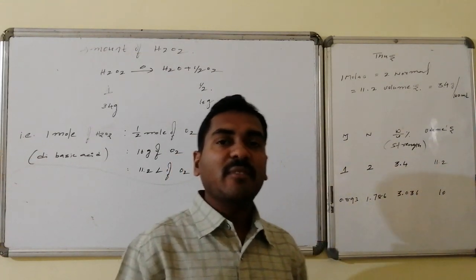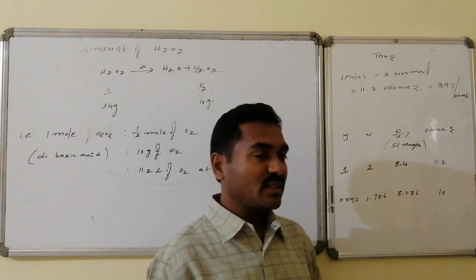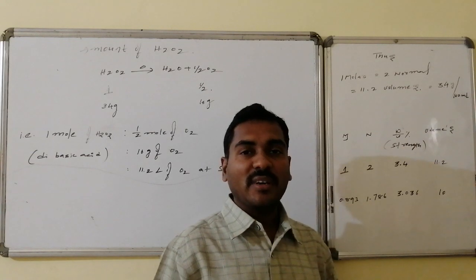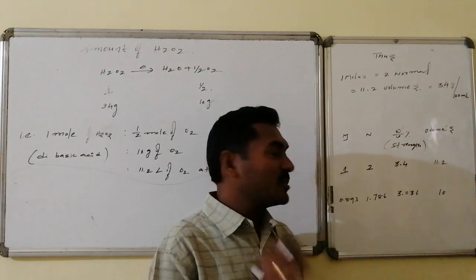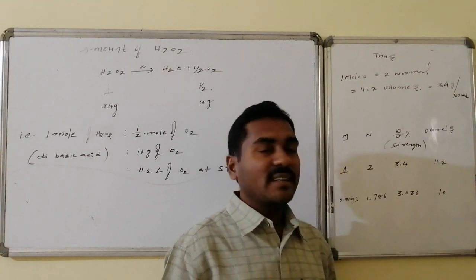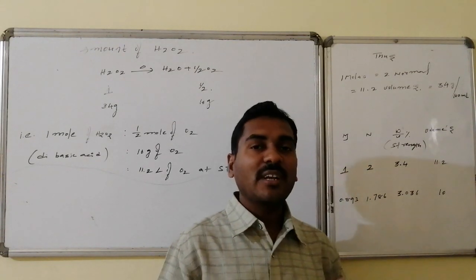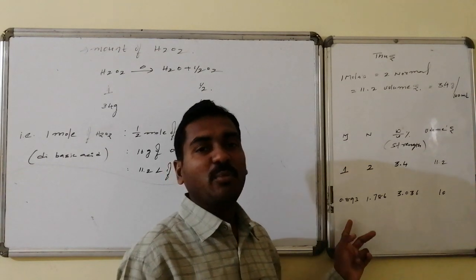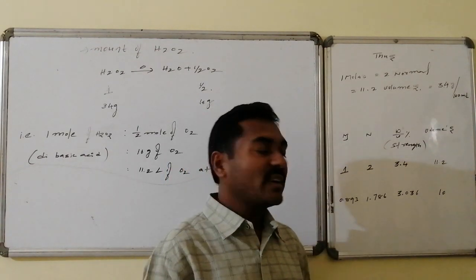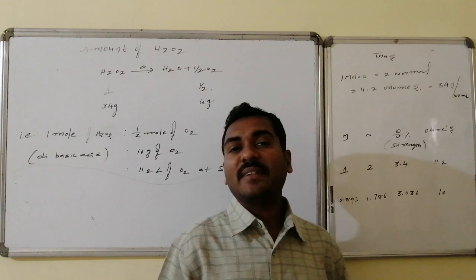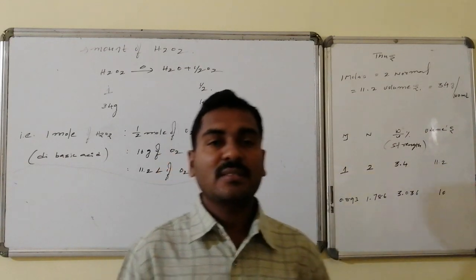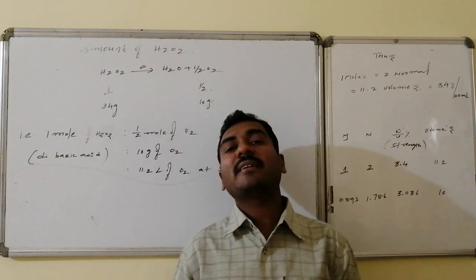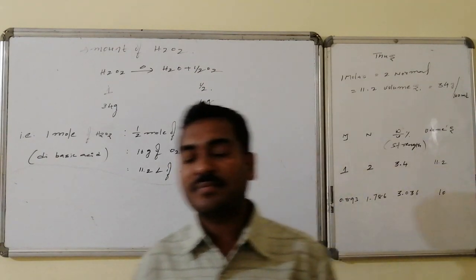Whereas if I make 10 volumes of hydrogen peroxide, the meaning is its molarity is 0.893, its normality is 1.786, its strength is 3.306, and its volumes are 10 volumes. This is the way the concentration units of hydrogen peroxide are interrelated with one another.